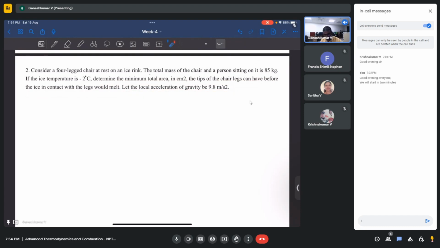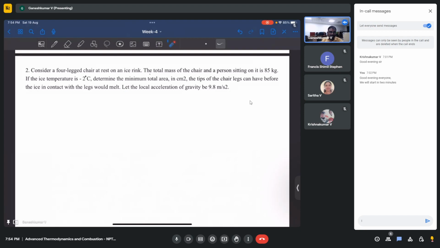So what they are telling is there is an ice slab. Above that there is a chair and the person is sitting on the chair. Now we know that the ice starts melting because ice melts at a certain saturation temperature and pressure. Since we are sitting on the chair, the pressure exerted by the chair on the ice would be different compared to other places where the chair is not present.